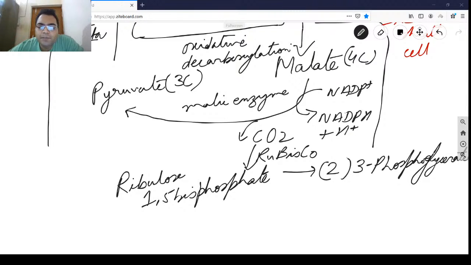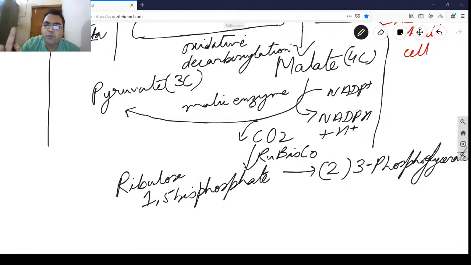Okay, so this is how this thing occurs, and nature has been great in applying this and achieving this evolutionary success. Now coming on to the dikinase reaction.